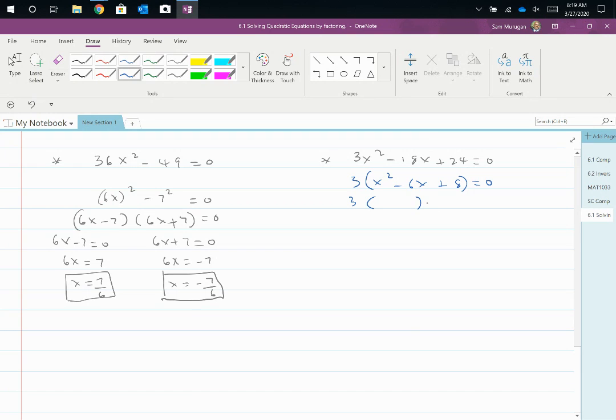Then I need two numbers that multiply to give 8 and add to give negative 6: x minus 4, x minus 2. So I have x minus 4 equal to 0, so x is equal to 4. And x minus 2 is equal to 0, so x is equal to 2.